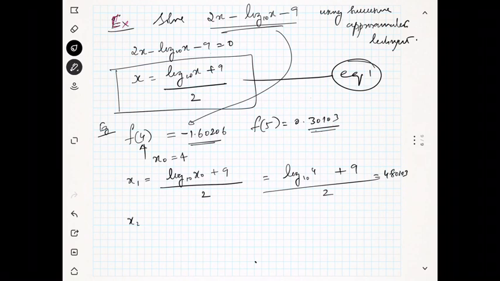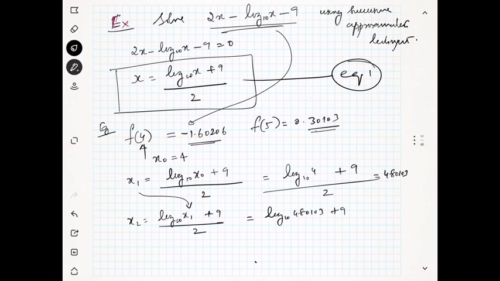Now we will find x2. What is x2? We will use our new x1 here, right? Then plus 9 over 2. So x1 is 4.80103, log to the base 10 of that, plus 9 over 2. So that is nothing but 4.84067.